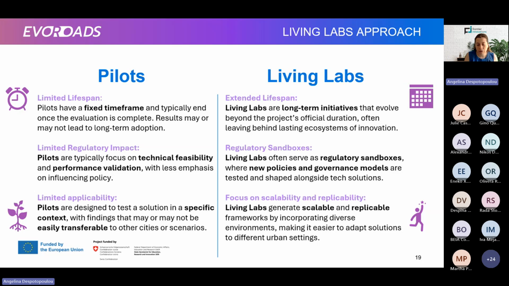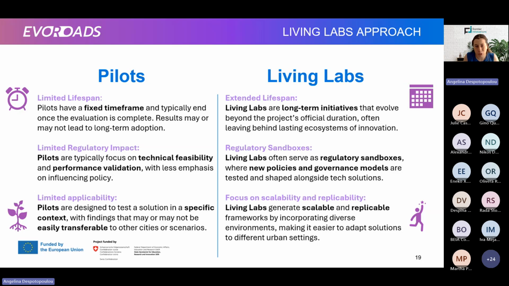While the living labs have the aspiration, let's say, to be a test bed where a minimum viable product can be developed, and that can then be transferred and copied to other pilot sites. You have some pilot sites that are doing the blueprint, and then you take this idea and you replicate it into other sites. And of course, you understand the benefits of this and why the European Union finds this idea attractive.